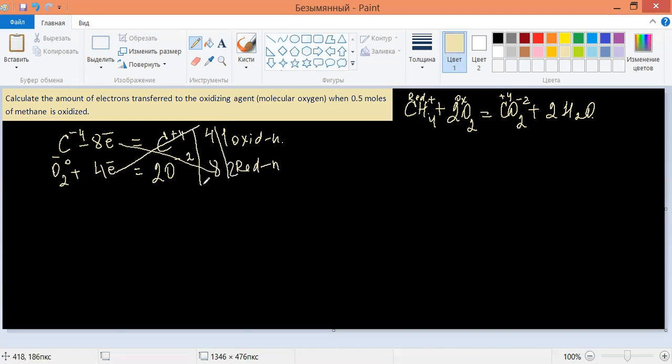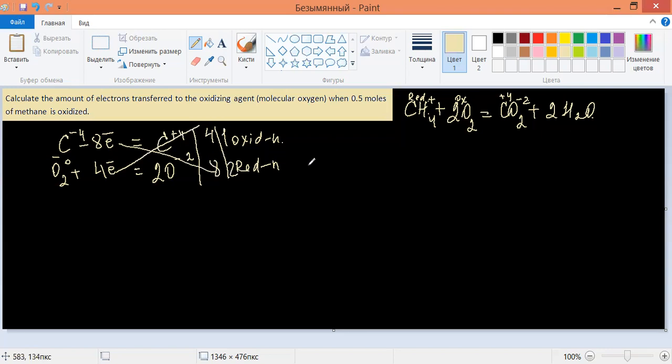So what does it mean? It means that 1 mole of CH4 containing C minus 4 atoms gives off eight moles of electrons, right?